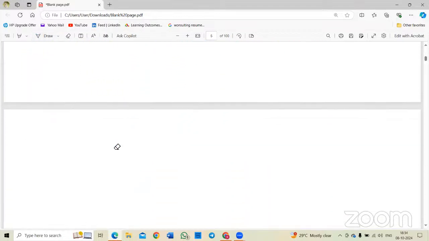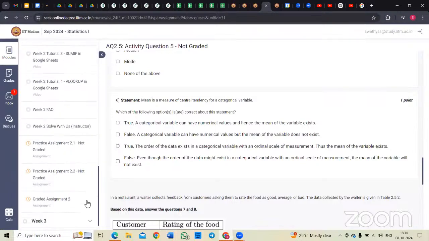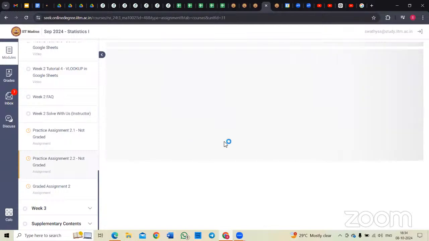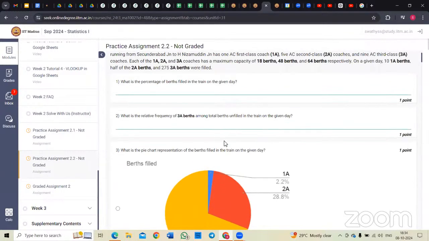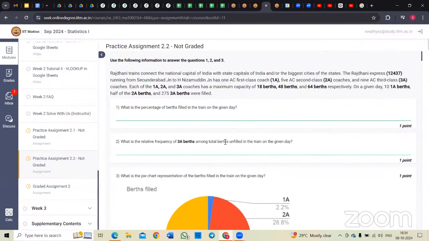Clear. Okay. Now my doubt is the practice assignment 2.2, question number 1, 2, 3. I think the data given is not appropriate.